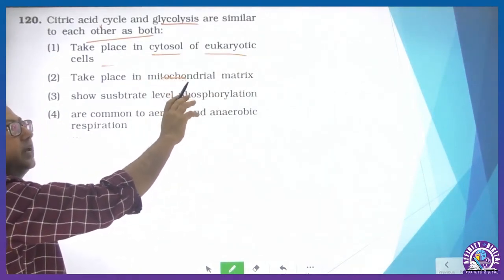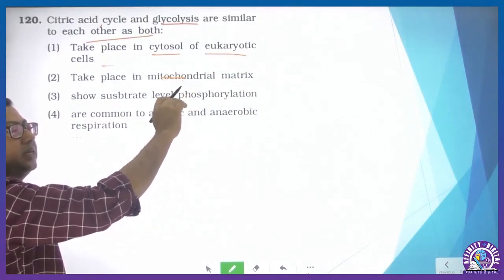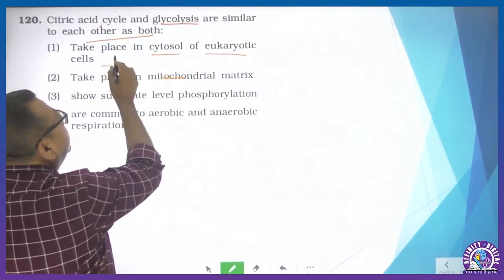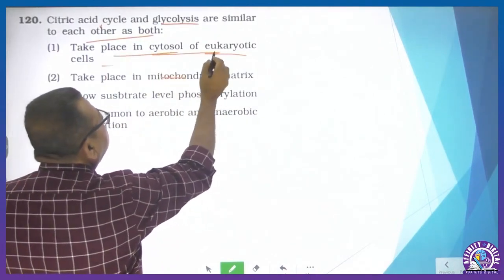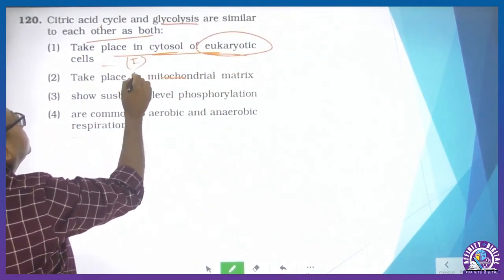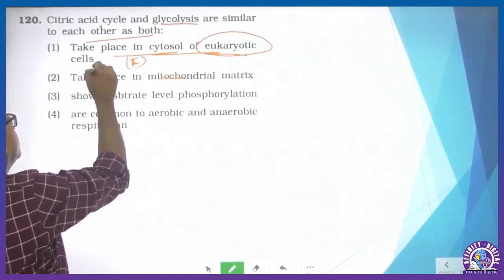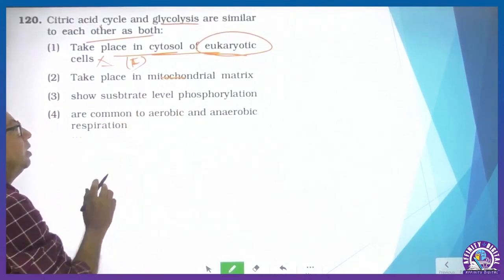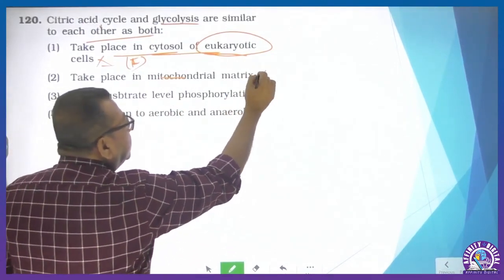In eukaryotic cell, citric acid cycle occurs in the matrix of the mitochondria. तो यहाँ पे दोनों that takes place in the cytosol of eukaryotic cell. So ये wrong है, false. ये correct नहीं है, तो ये wrong है. ठीक है. Takes place in mitochondrial matrix. दोनों mitochondrial matrix में नहीं होता है. ठीक है, तो ये wrong है.